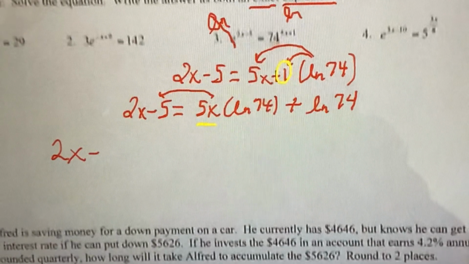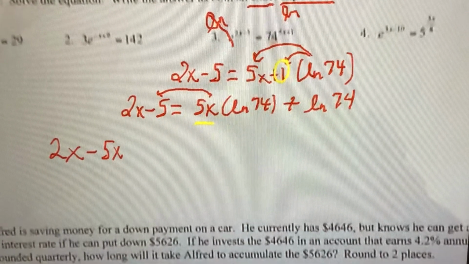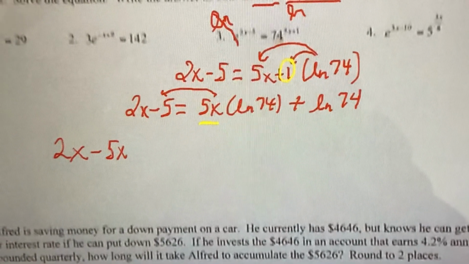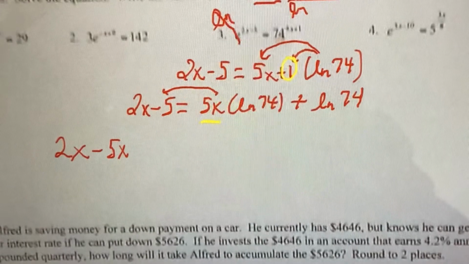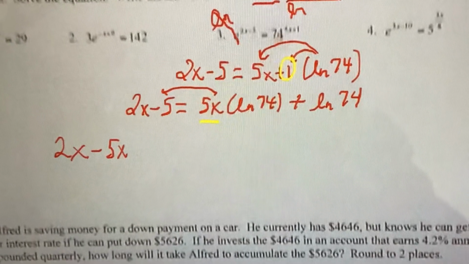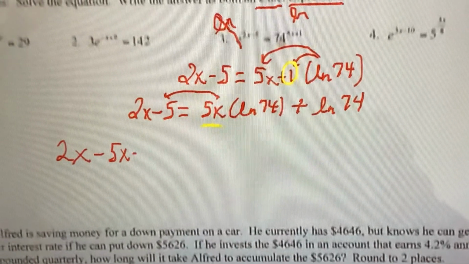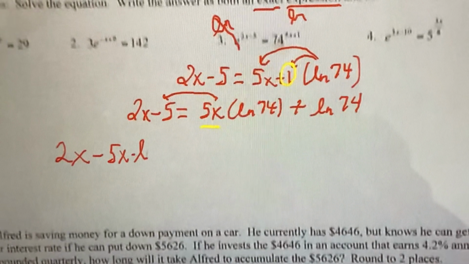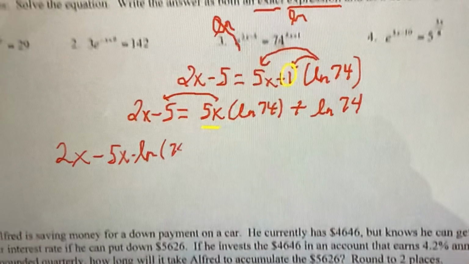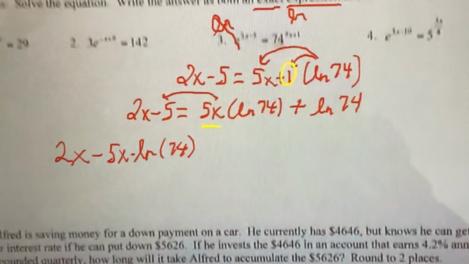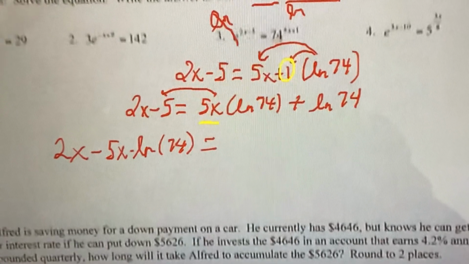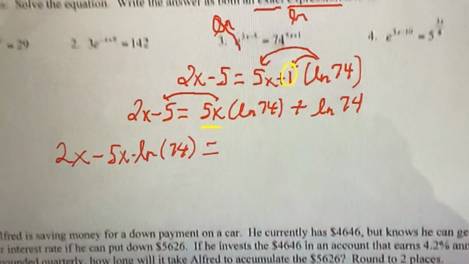So it's minus 5x. And then you can say natural log of 74. I kept the 74 in a parenthesis. Now, both of those terms contain an x. So down the road, you probably think, okay, I'm going to have to factor out an x.